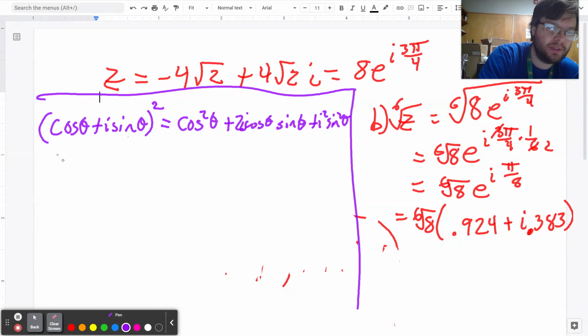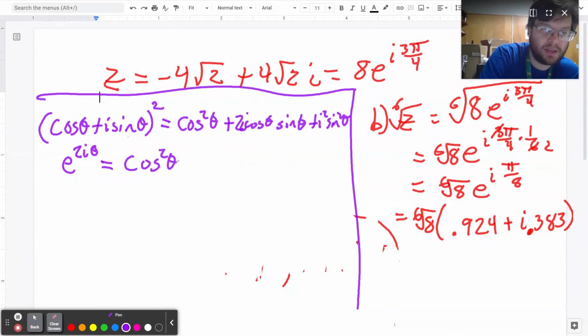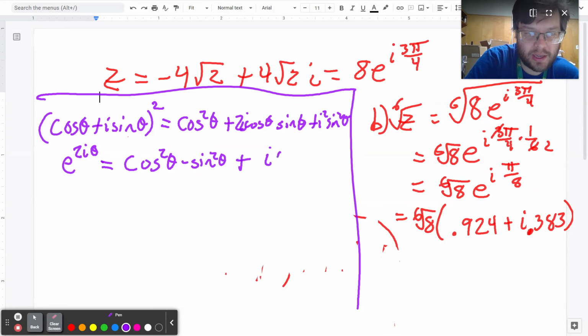But I could also have written this as e to the 2i theta, because it's e to the i theta squared. And so here I have cosine squared theta minus sine squared theta, and here I have i times 2 cosine theta sine theta.